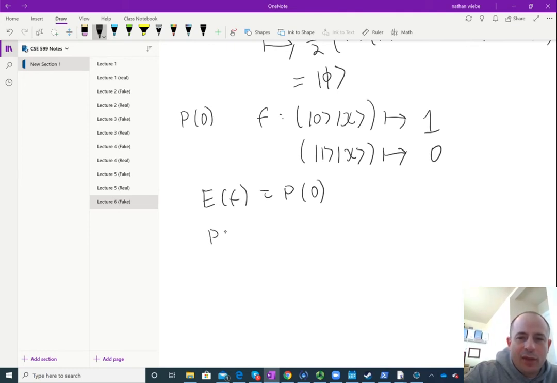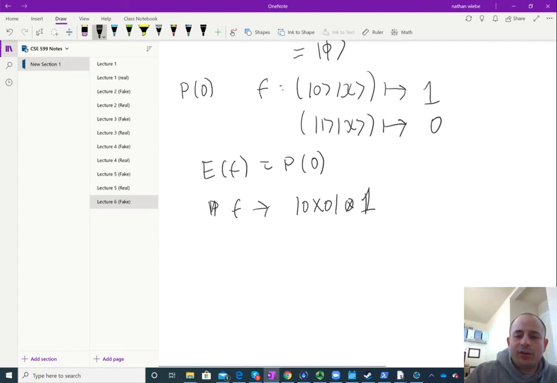We can say that f goes to the following operator. Okay, like this. So this is a projector onto 0, and this part over here is just the identity. It says, I don't care what we do to the rest of it.